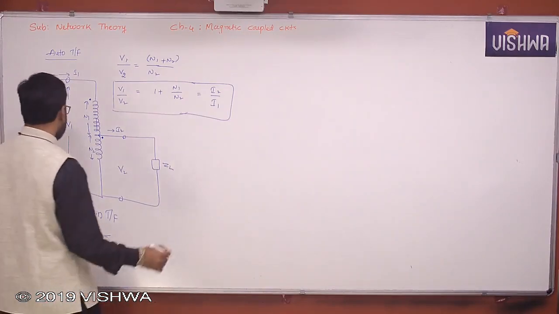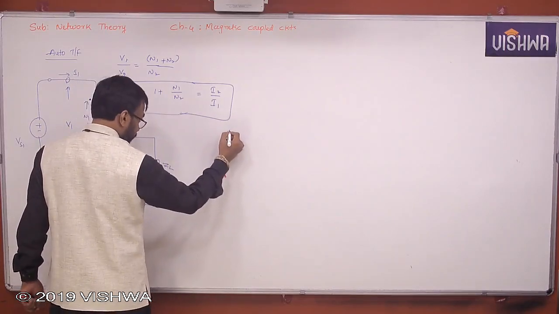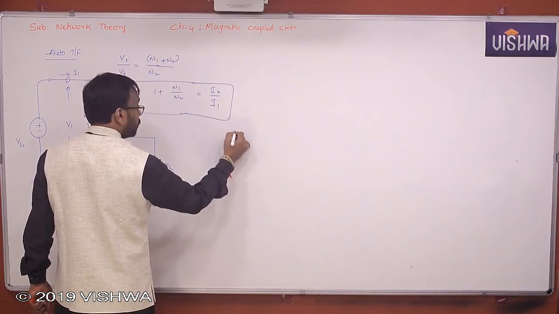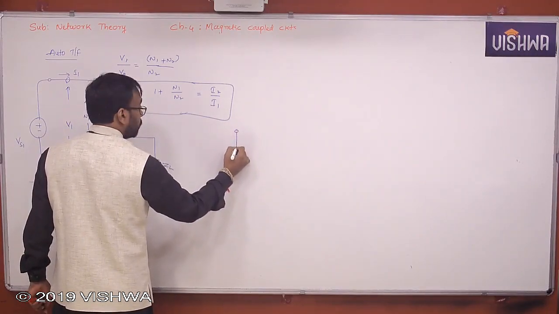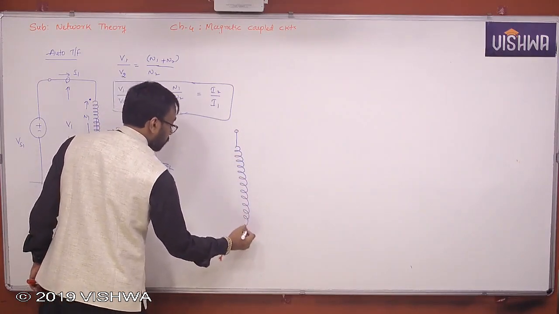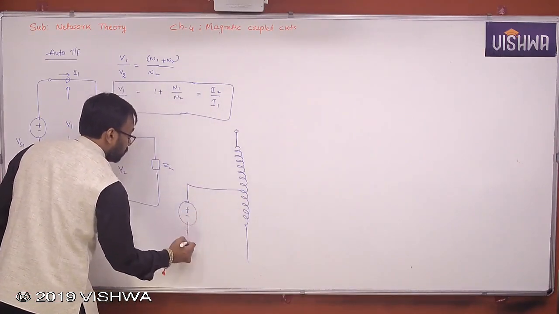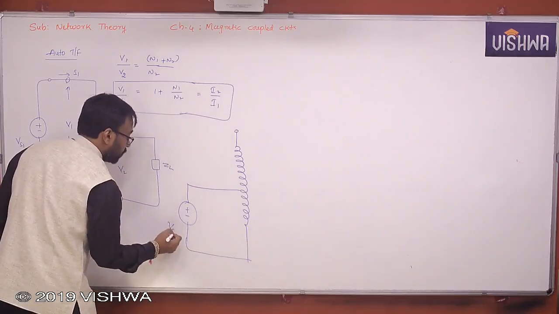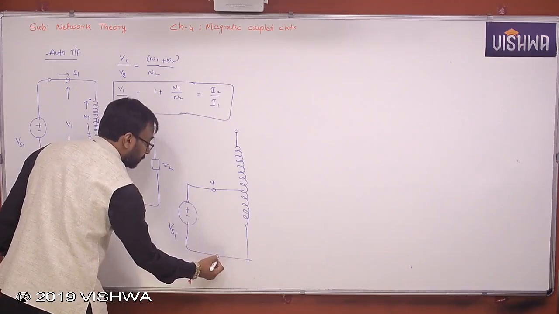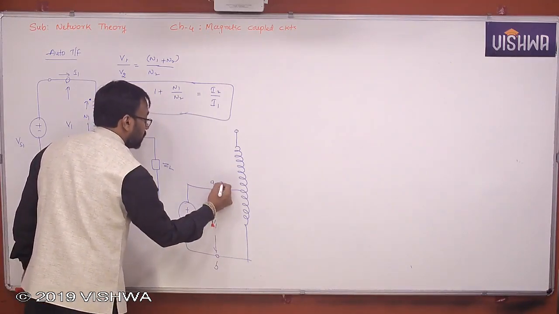So the step down transformer will be like this. The step up transformer will definitely be like this. So VS1, this is AB, let us say. V1, this is I1.